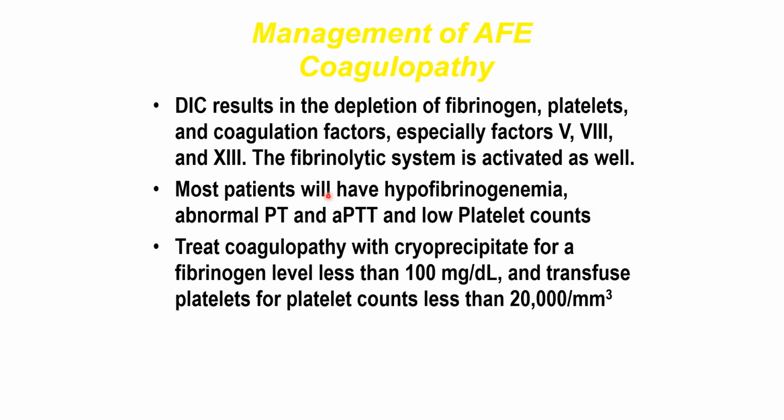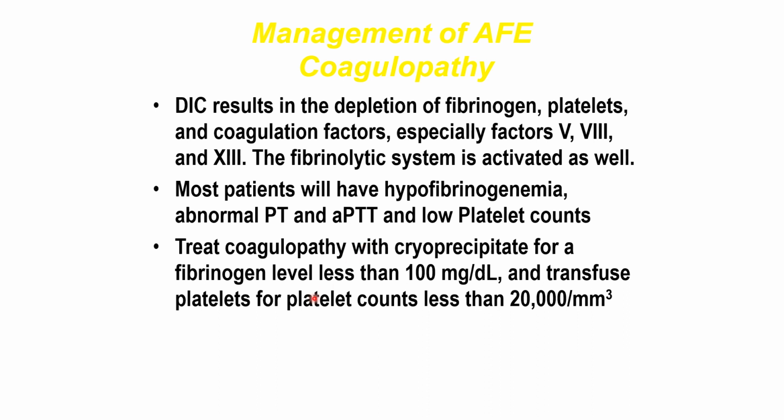And management of coagulopathy. I already told you that disseminated intravascular coagulation will be there. That leads to a decreased amount of fibrinogen, platelets, and coagulation factors, especially factors 5, 8, and 13. So the fibrinolytic system will be activated. Most of the patients will have hypofibrinogenemia, abnormal PT (prothrombin time), and a low platelet count.